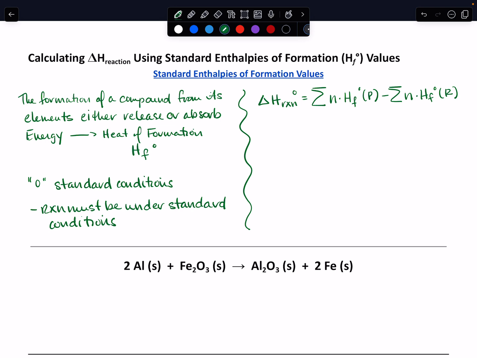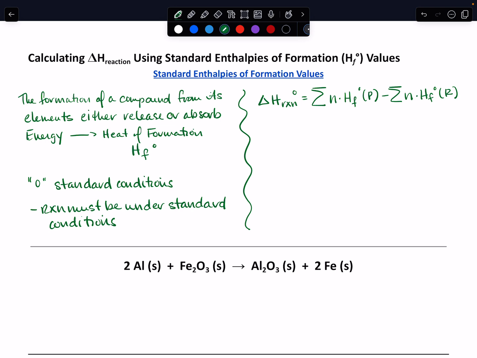Remember that delta symbol means change in, and it's always final minus initial. So for a reaction, the final condition is the products, the initial condition is the reactants. So we need to get their heats of formation values, add them up, and then subtract the total reactants from the total products.